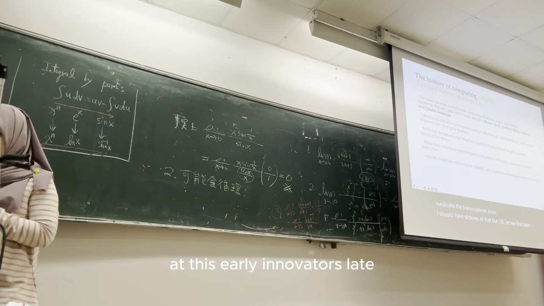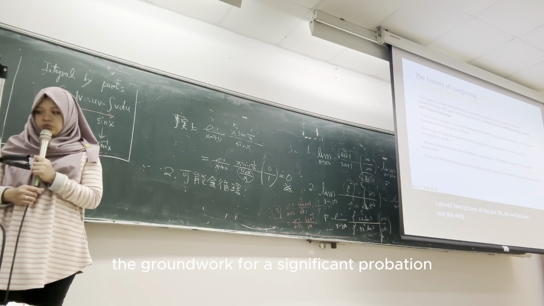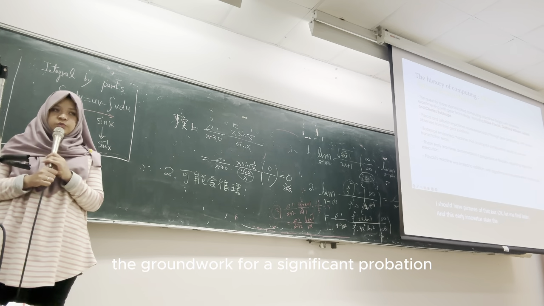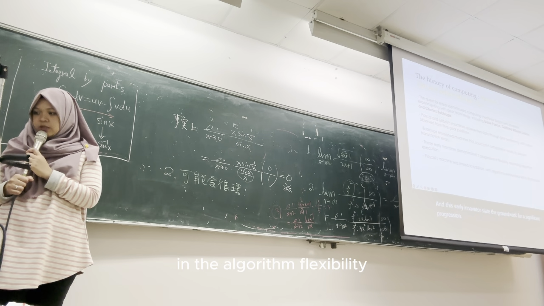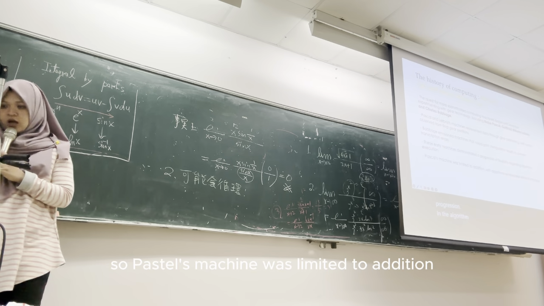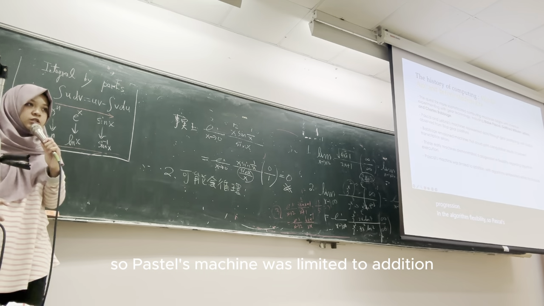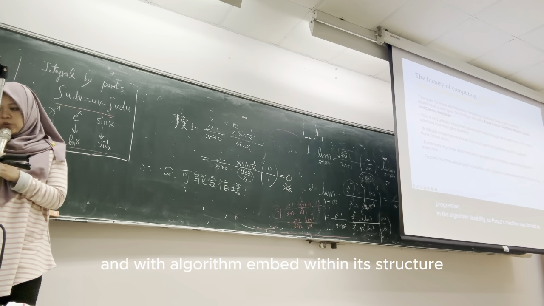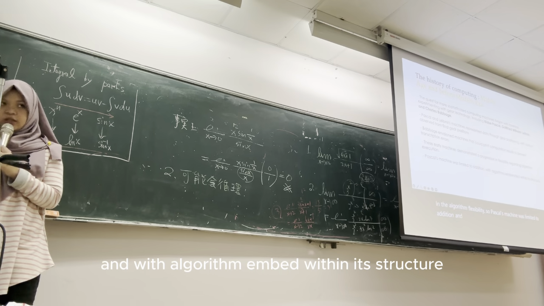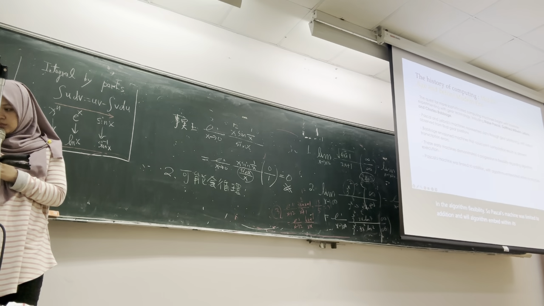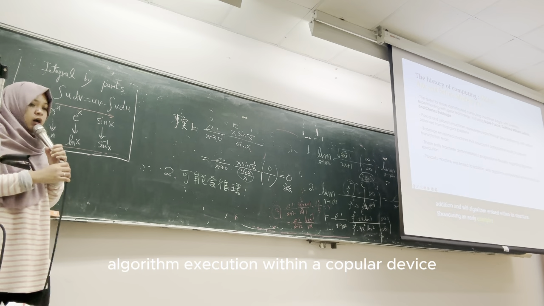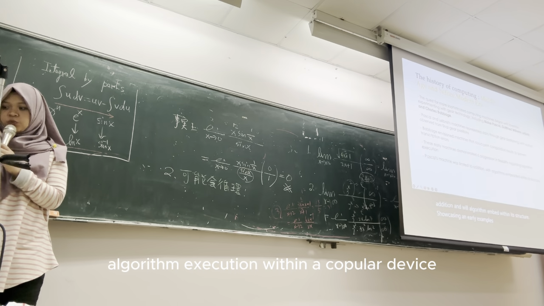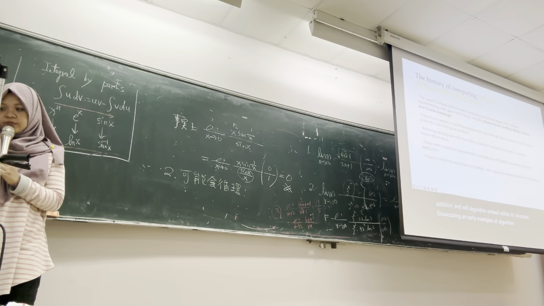These early innovators laid the groundwork for a significant progression in algorithm flexibility. So Pascal's machine was limited to addition, with the algorithm embedded within its structure, showcasing an early example of algorithm execution within a computing device.